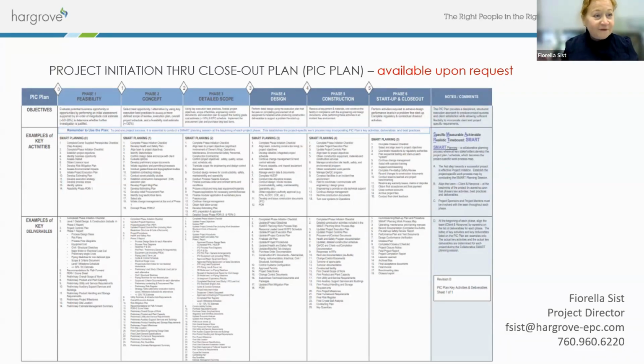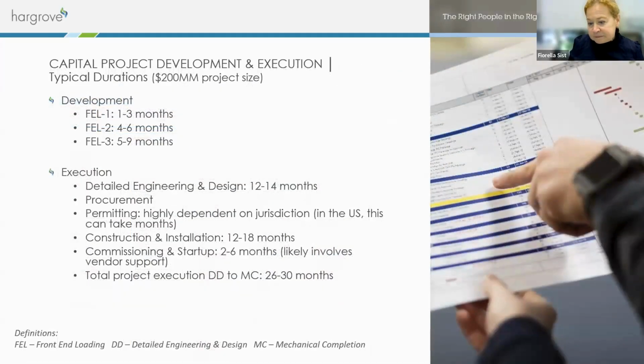This is a very valuable piece of information, a really nice chart to have. You are very welcome to contact me, and I'll send you this document free of charge. I'm not going to charge you for it, but this is going to give you a really good idea of all the activities and the pieces of information that need to be created for your project.